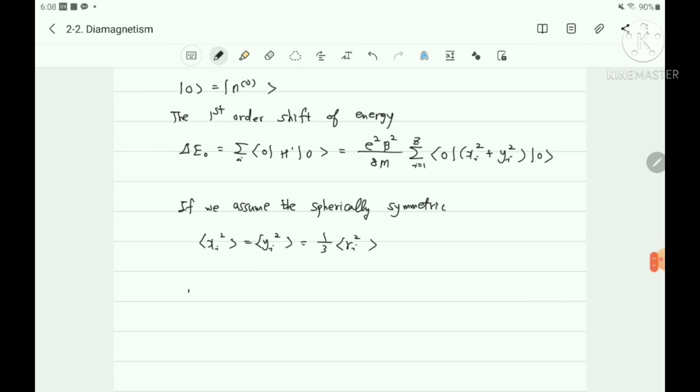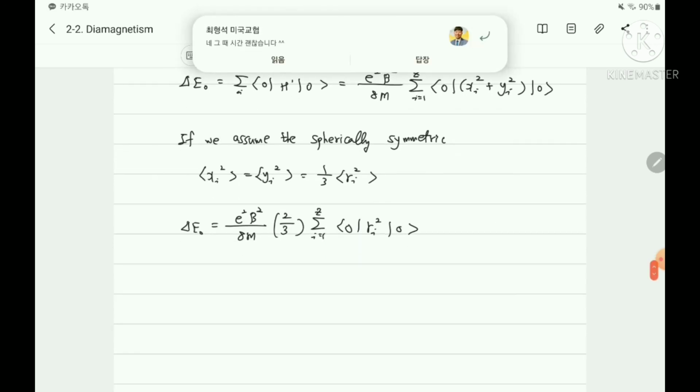Therefore the energy shift is e square B square over 8m, with xi square plus yi square being 2/3, summation for i equal to 1 to g of 0 Ri square 0.